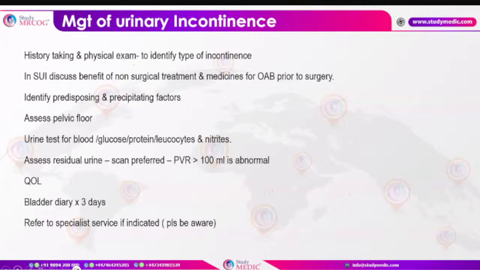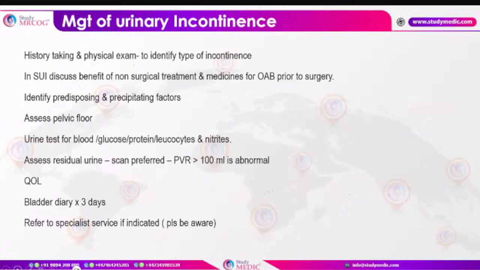Now, you always have to assess the pelvic floor, because whenever you have someone with stress urinary incontinence and you want to advise pelvic floor muscle exercises, you should be able to know whether they are able to contract the pelvic floor muscles or not.